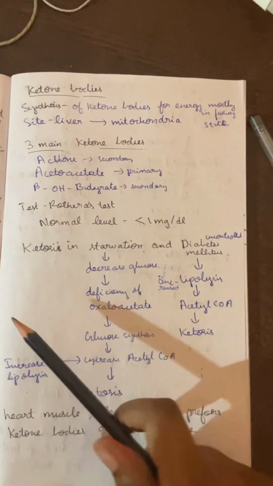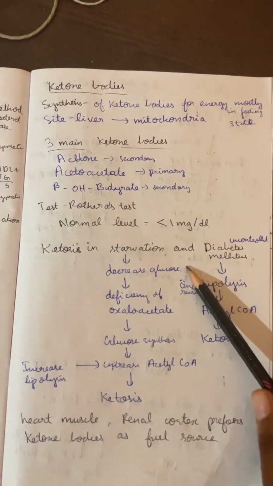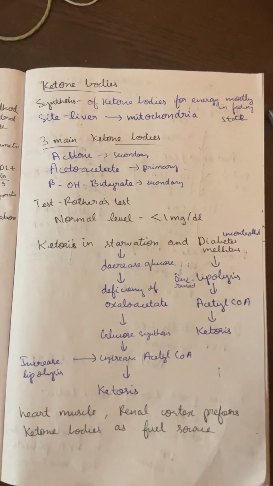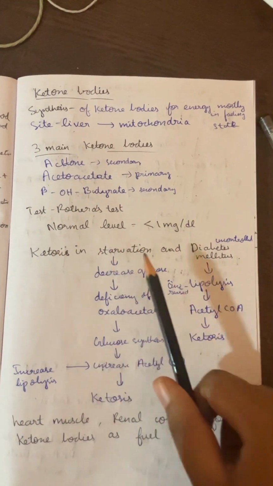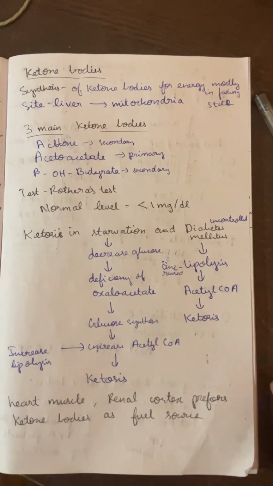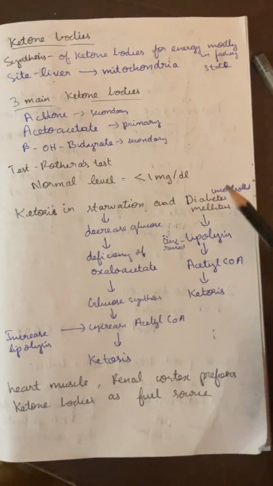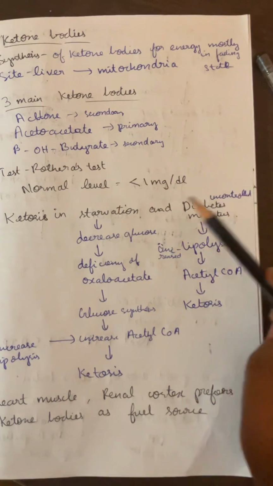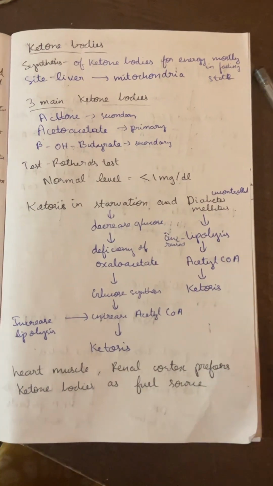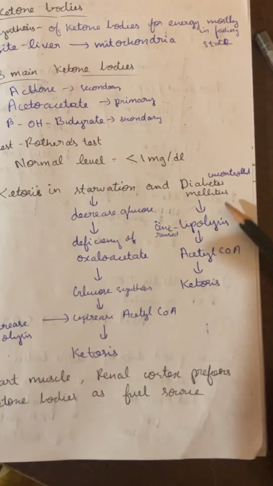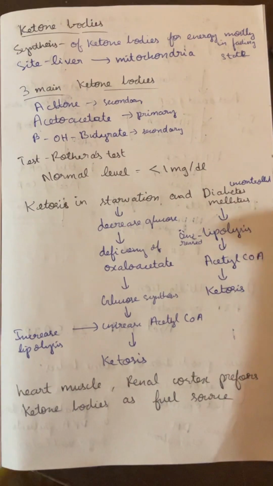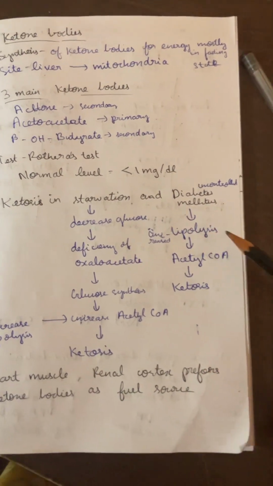Ketosis in starvation and diabetes mellitus. This is an LAQ, so this was also one question here. Explain ketosis in starvation and diabetes mellitus. This flowchart I made. In uncontrolled diabetes, if they are not taking medicine or have not been diagnosed yet, they are not taking insulin or any medicine.